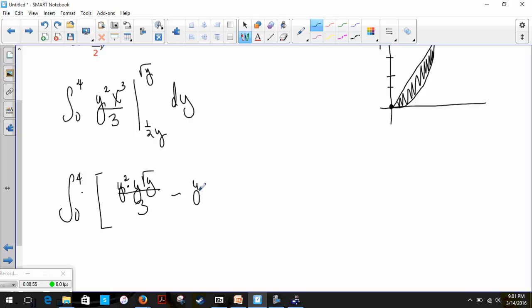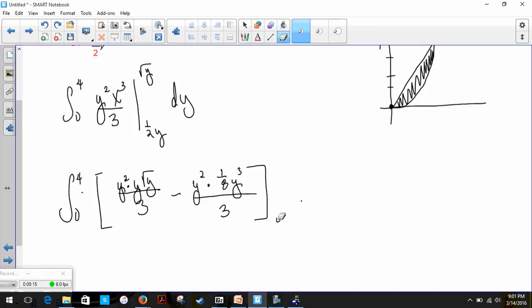Minus y squared times 1/8 y cubed over 3. 0 to 4. Oops, too fast. Eventually 0 to 4, dy.